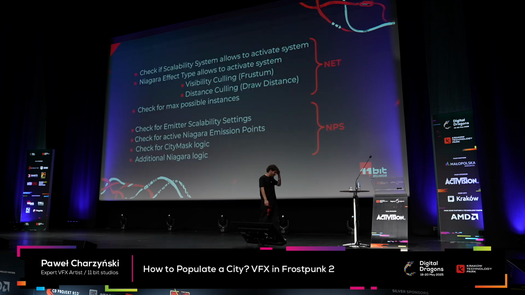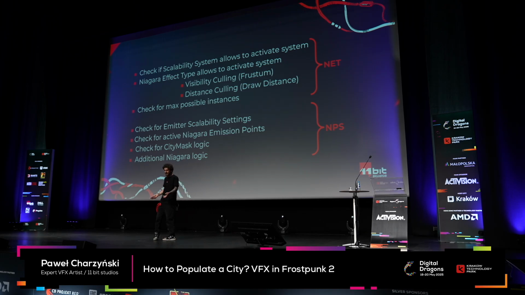So inside Frostpunk, in total, that's the way of the emitter. First things first, it checks if the scalability system allows it to be activated. So at first, it checks: okay, I'm on low settings, maybe I shouldn't even bother with this system.